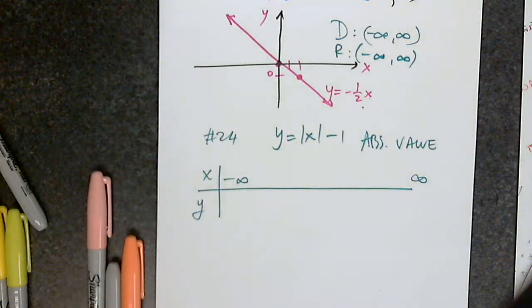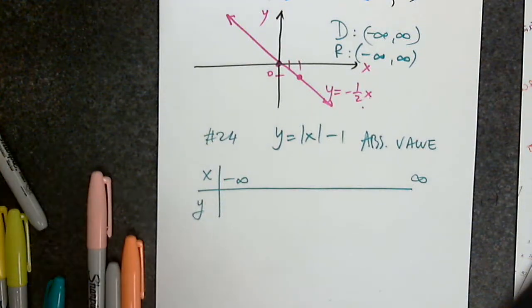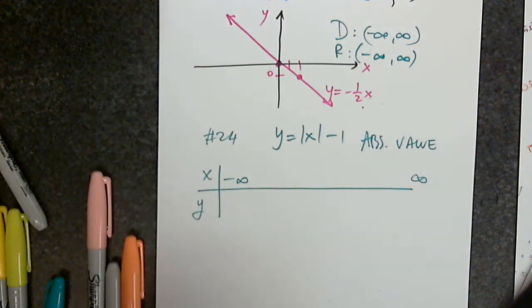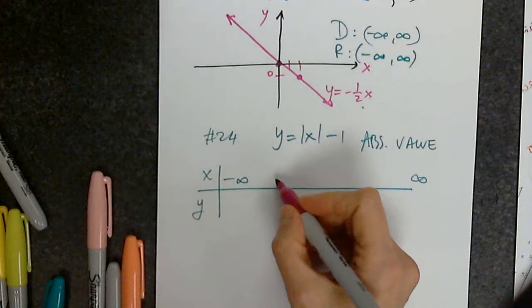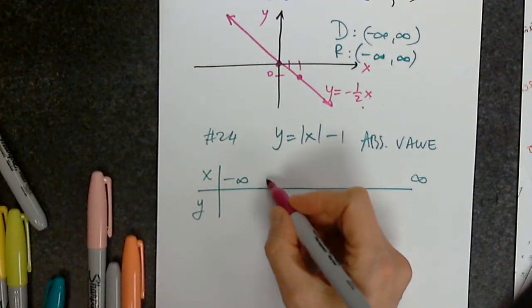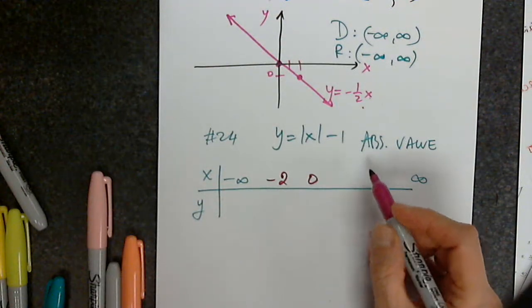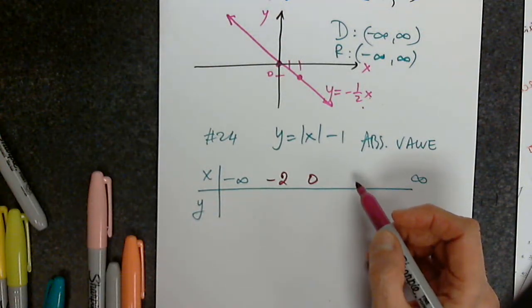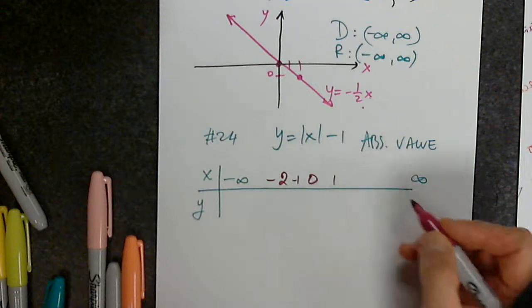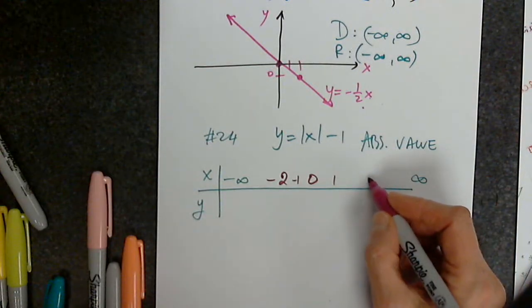Good. So let's pick a few values of x. Negative 2, 0, let's say negative 1, 1, and 4.